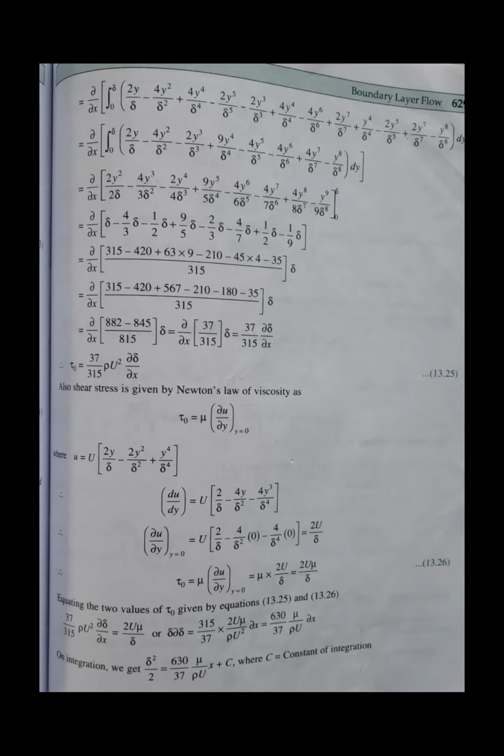And when this is reduced, you get capital U into 2 by delta minus. So of course, keeping y equal to 0, the second term will be 0, the third term will be 0, and you'll get 2 into capital U by delta. So in that way, the value of tau 0, you'll get mu into dou u by dou y at y equal 0, which is mu into 2U by delta.